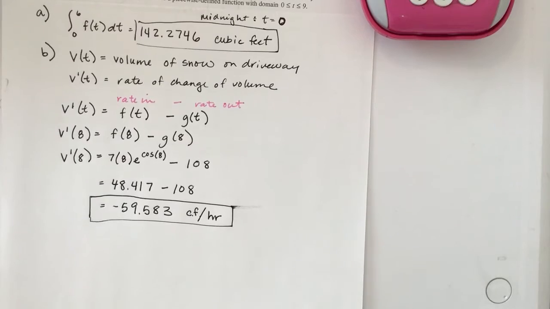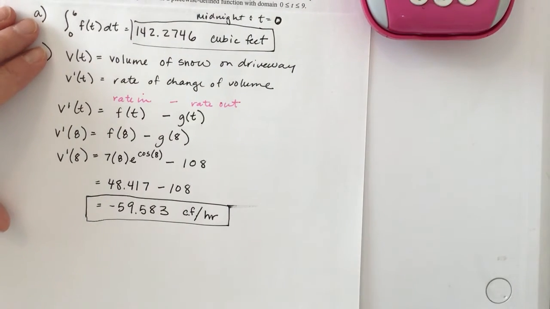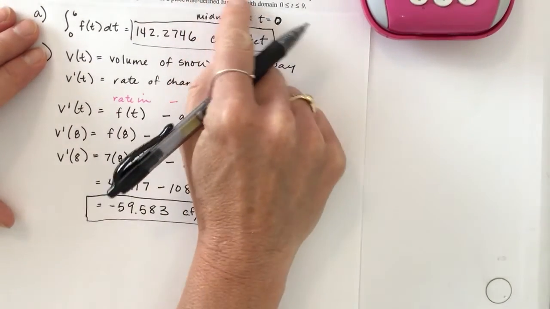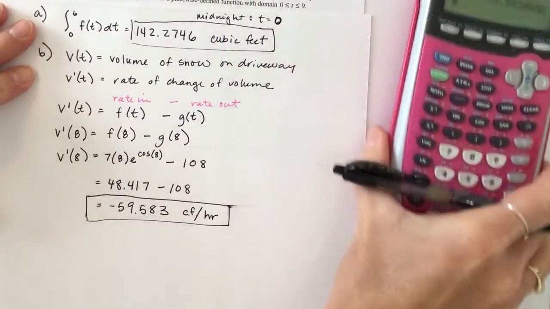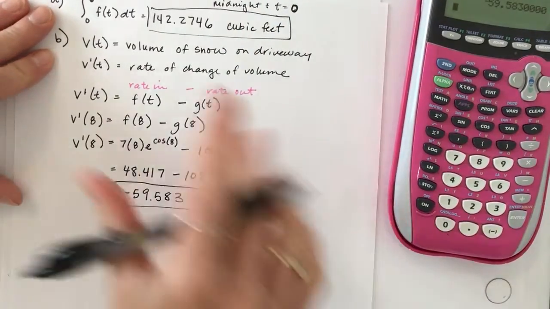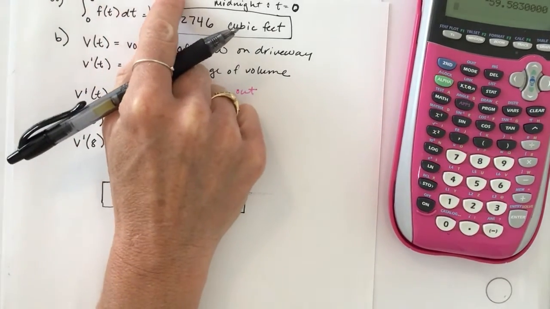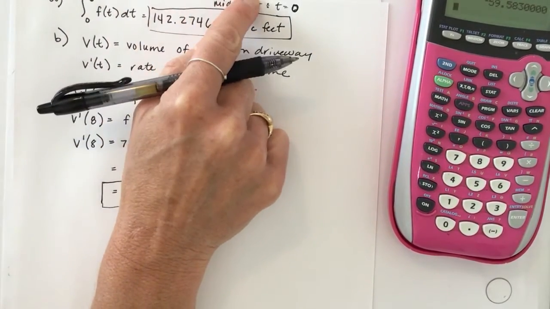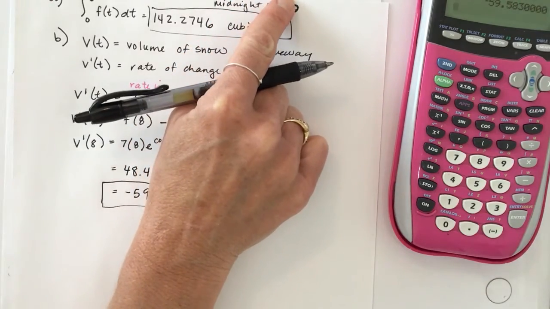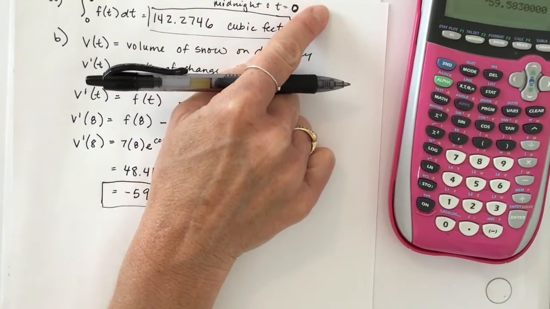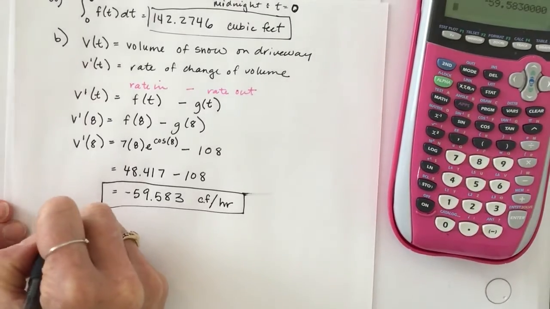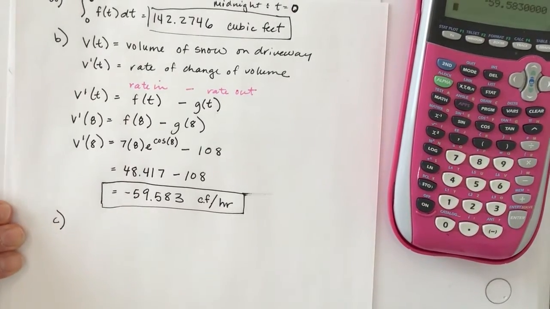Okay, part C. Let H of t represent the total amount of snow in cubic feet that Janet has removed from the driveway at time t hours after midnight. Express H as a piecewise defined function with the domain 0 to 9. Okay, so this is a little bit more involved here.